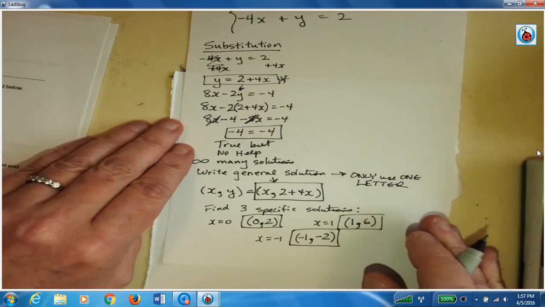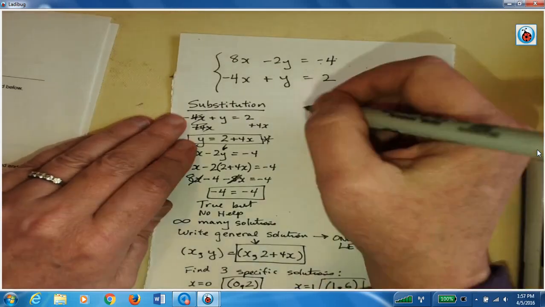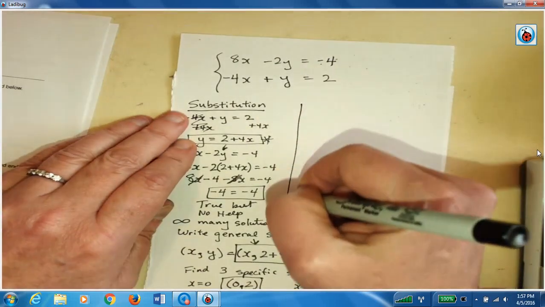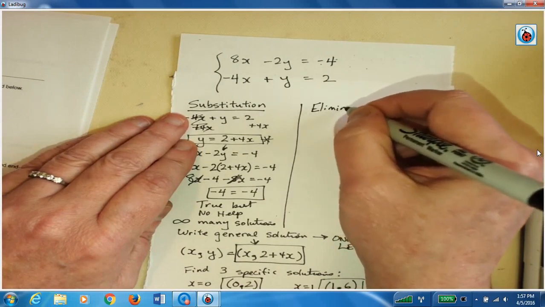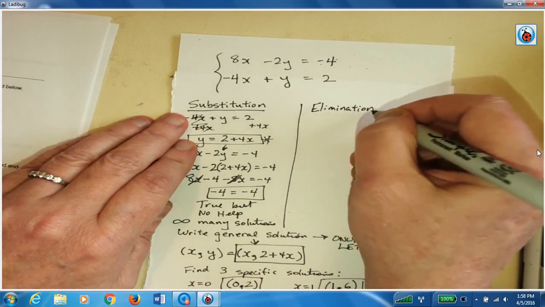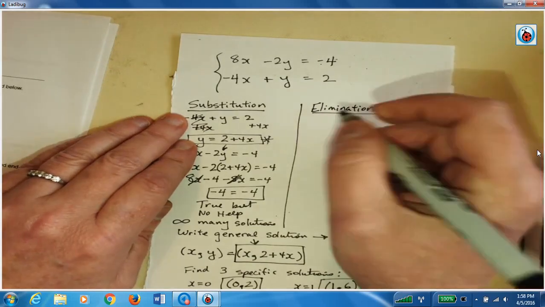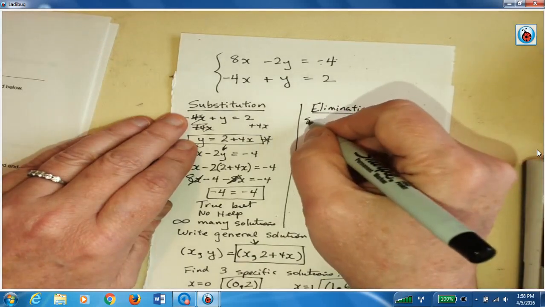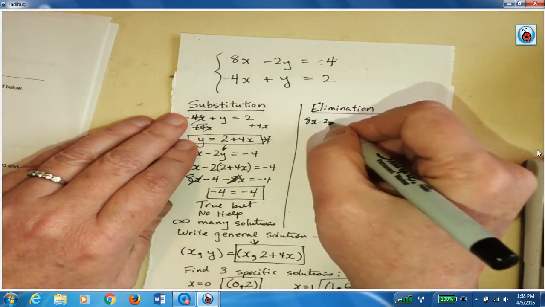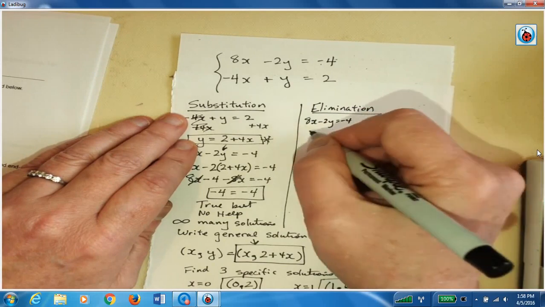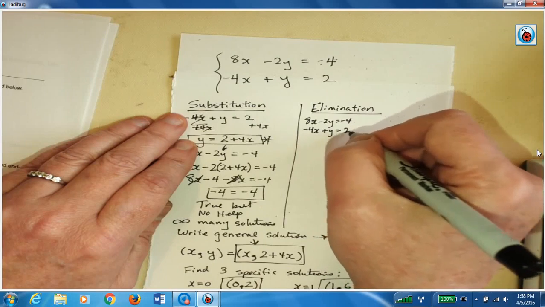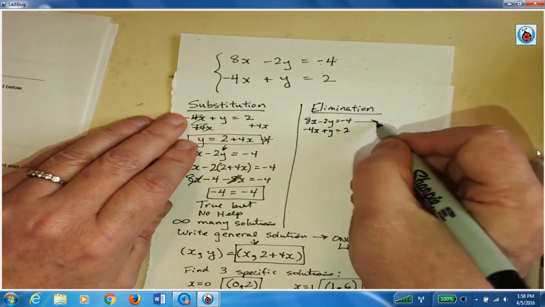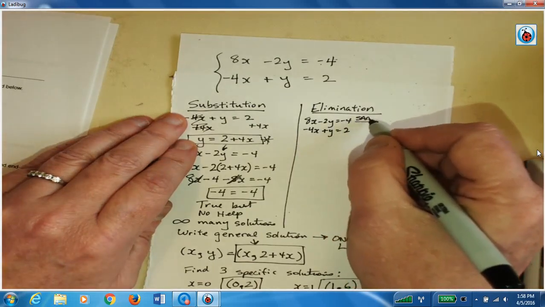Okay, now that's how I did it with substitution. What about elimination? Well, if I use elimination, let me rewrite these down. This one I'm going to have stay the same.